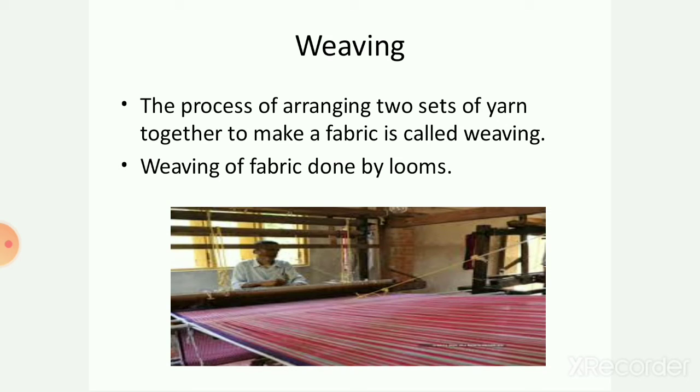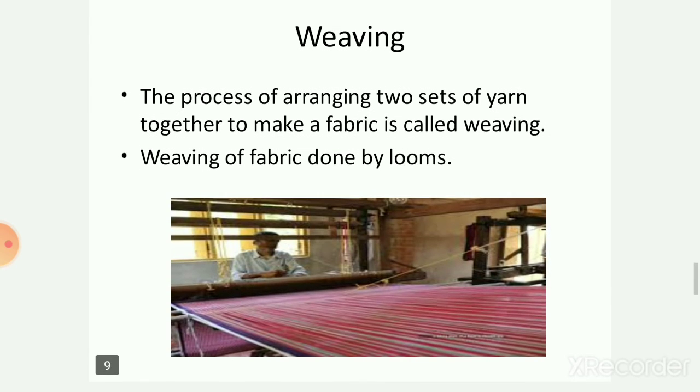Now you see students, first we have to take two different yarns and arrange them, and then make fabric from it, and that is called weaving. Okay, so this one is the weaving of fabric, and it is done by looms.